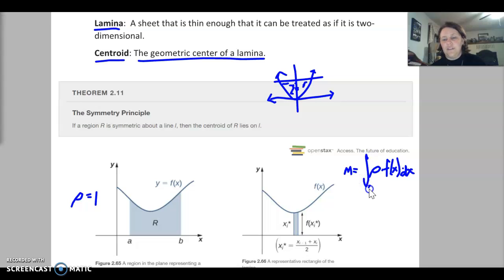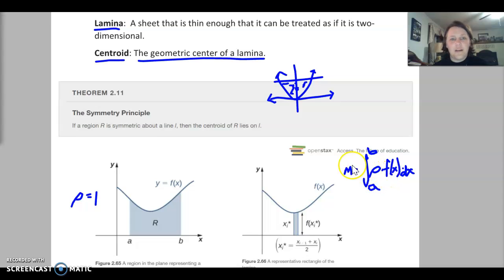And then the integral is also the sum of all of these values. So we're going to go from the sum from a to b, so the integral from a to b of rho, which is the density, times f of x, which is the height, times dx, which is the width. That gives us the mass of the unit.